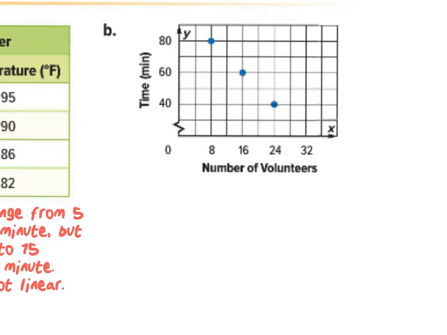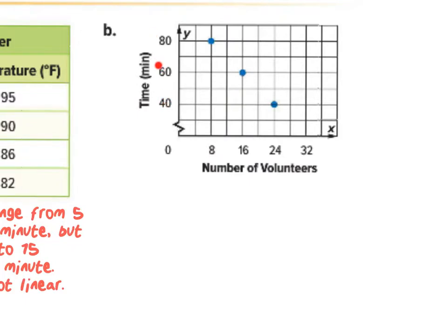For B, we're looking at the number of volunteers and the time. We had 8 volunteers, 80 minutes. 16 volunteers, 60 minutes. 24 volunteers, 40 minutes. So the higher the number of volunteers that we have, the shorter amount of time it takes to do the task. Is it linear? Well, let's see.